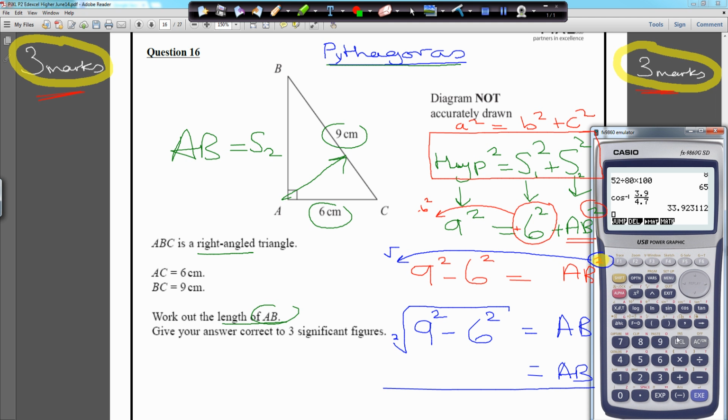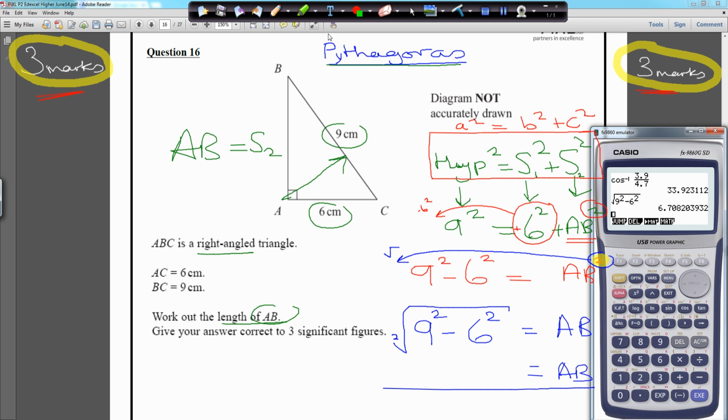Let's just delete that. We can just press shift square root. Okay, here we go. So 9 squared minus 6 squared. Press equal. And that gives us 6.7.